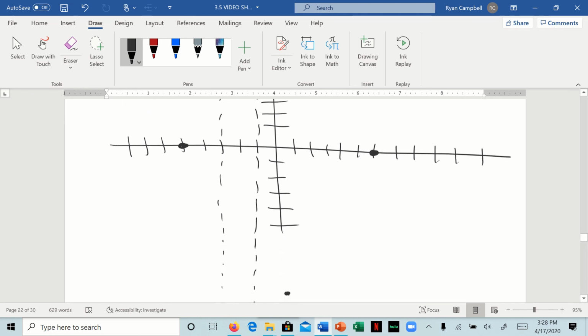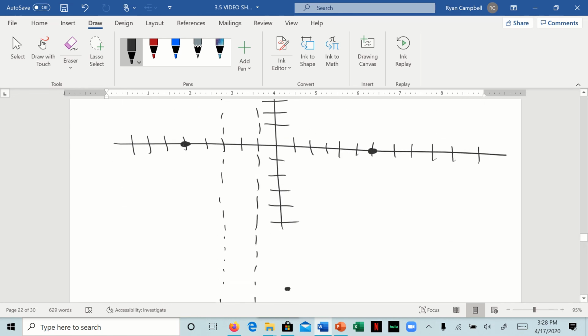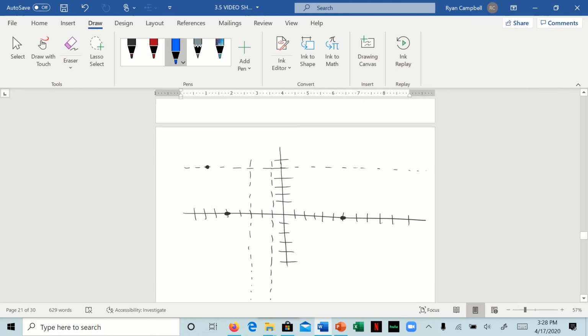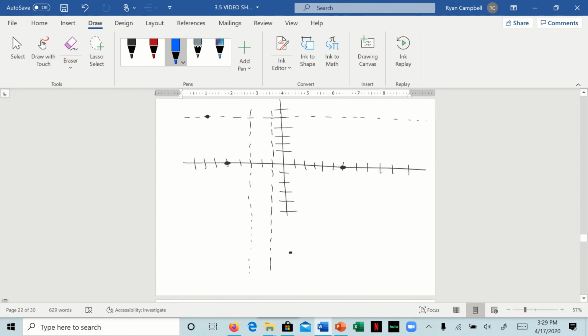All right. So looking at this, obviously this side's going to be the easiest side to do, right? This is just going to go up to the horizontal asymptote, connect with this point, and then just go down to negative infinity.